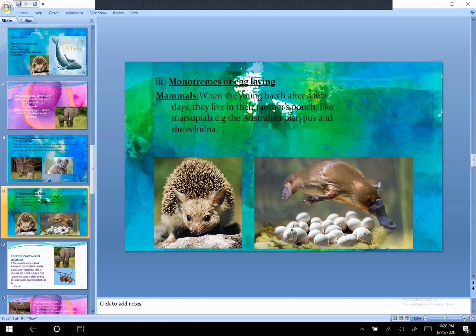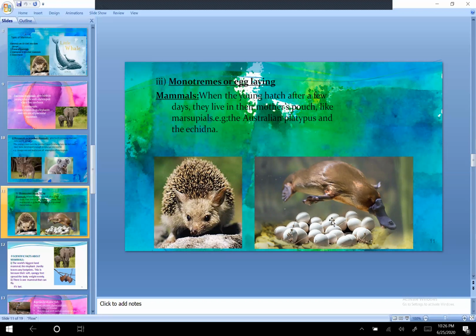After a few days the young sometimes live in their mother's pouches, because they are also weak and unable to do their activities. That's why they live for some time in their mother's pouch. Australian platypus and echidna are the examples.